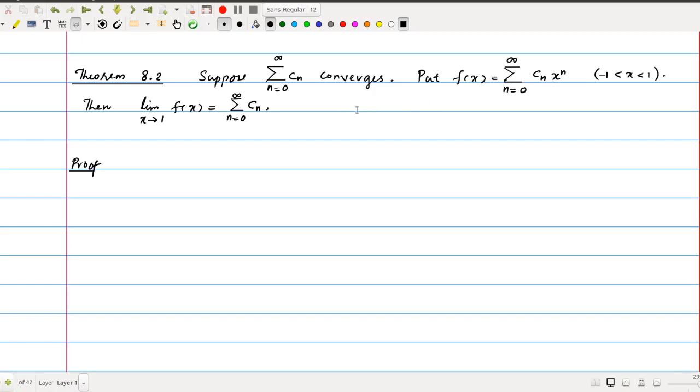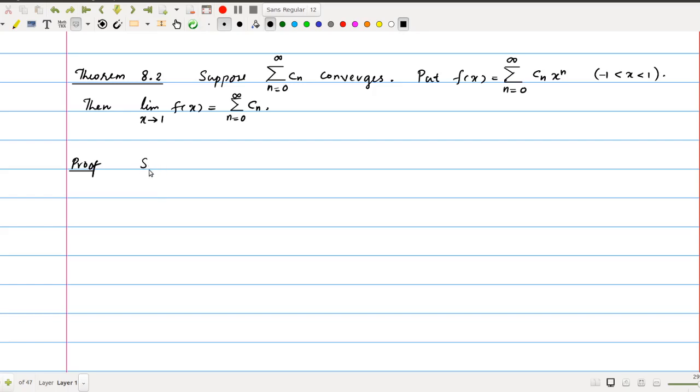So first of all, to prove this, we set Sn, small sn, as the partial sum of the series.